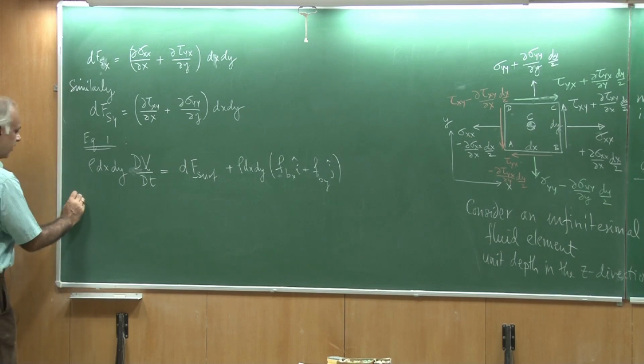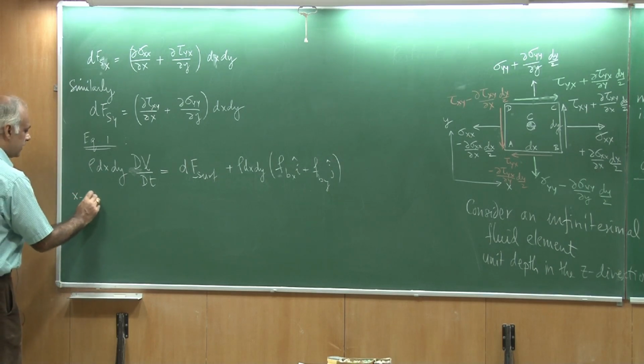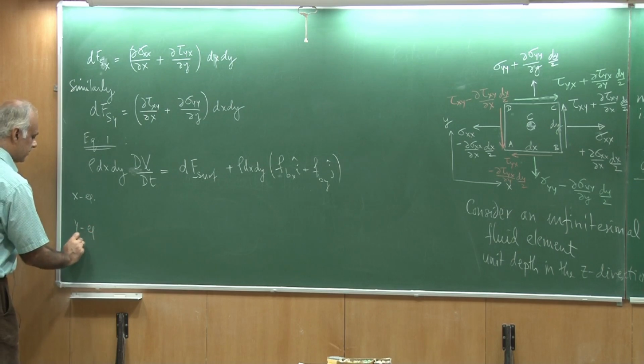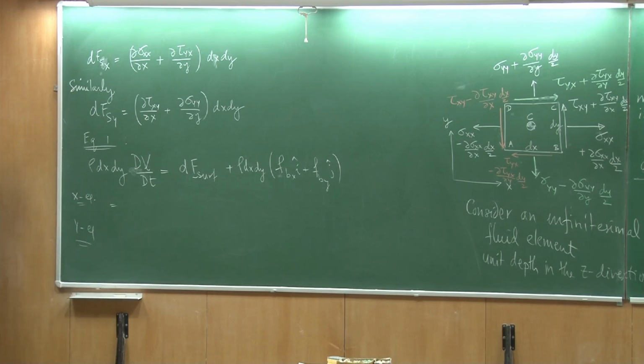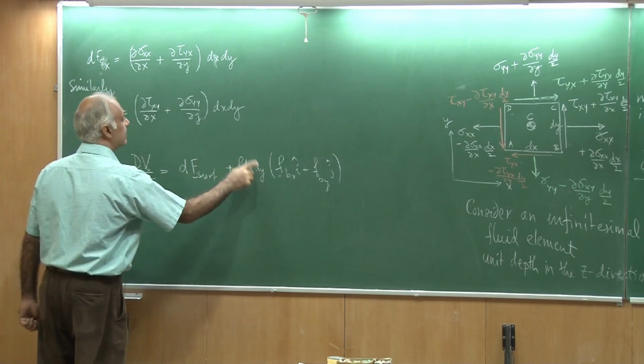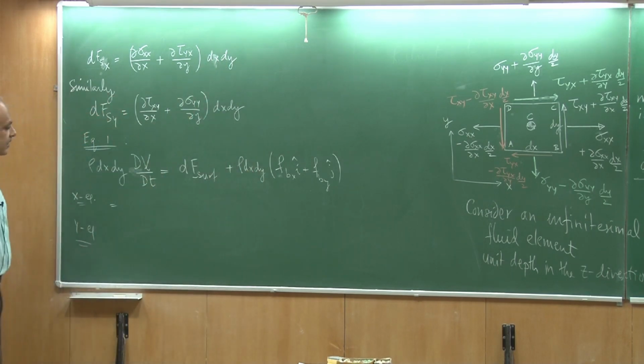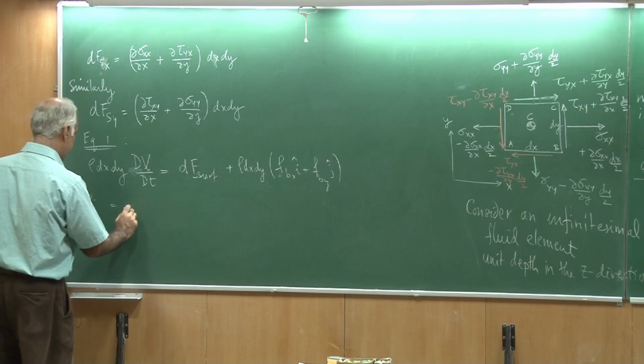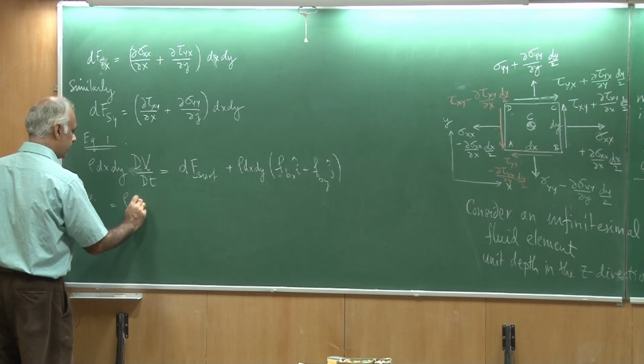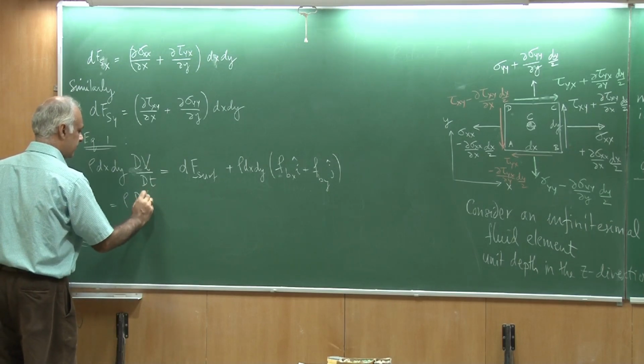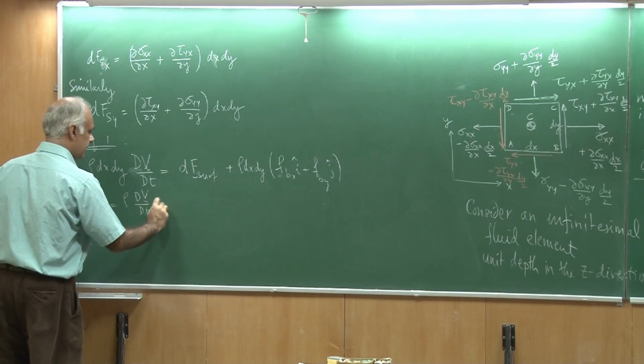So let me first write down the x equation and the y equation. You will notice all of them have these terms dx, dy, so I will get rid of them. The first equation I get is rho dv dt.